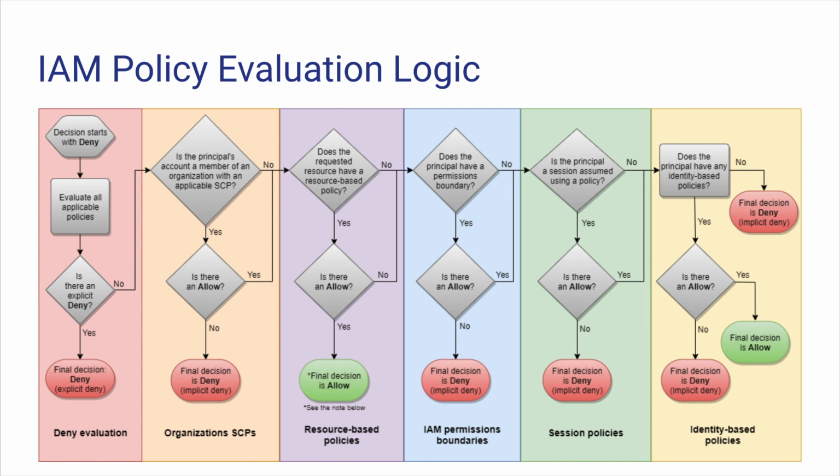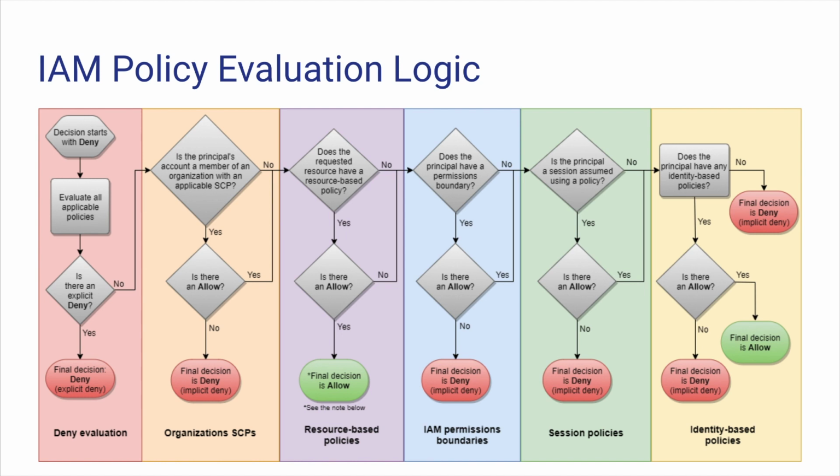And here is the IAM policy evaluation logic. I'm gonna just quickly walk through it. So if you have an explicit deny, that's the strongest policy element, then the answer for a question is gonna be that no, you can't do that.